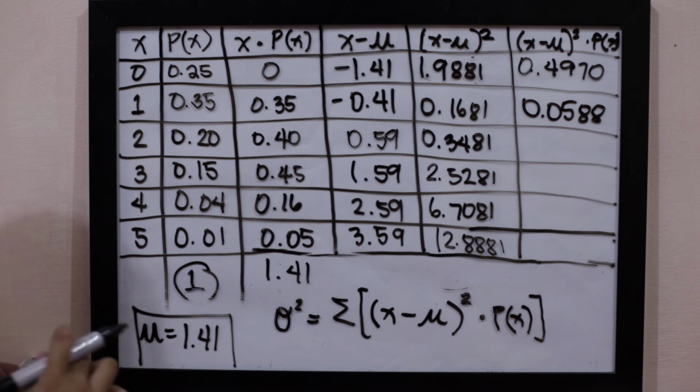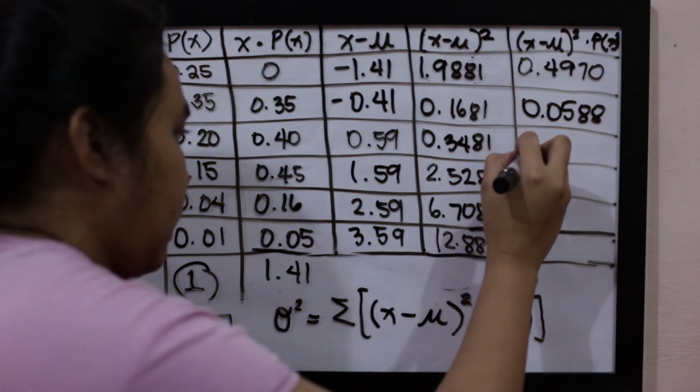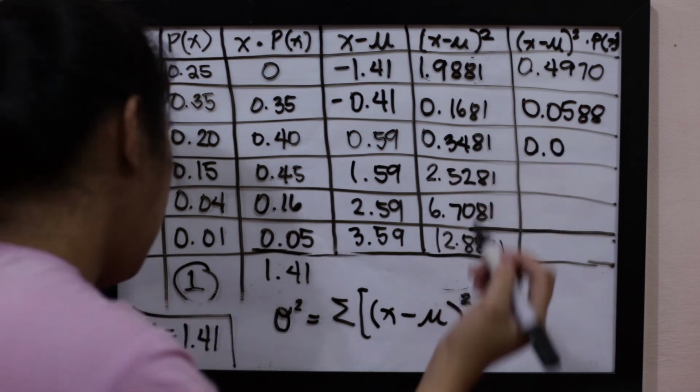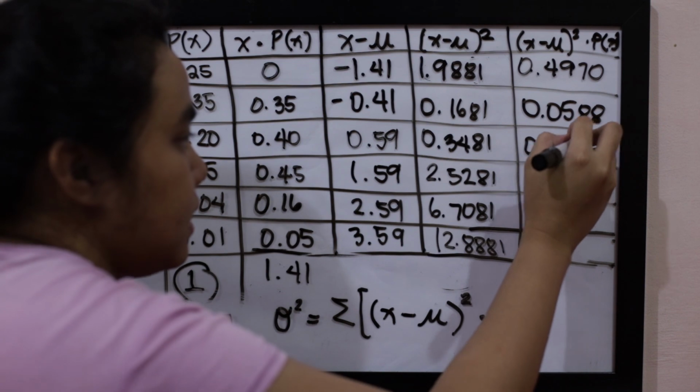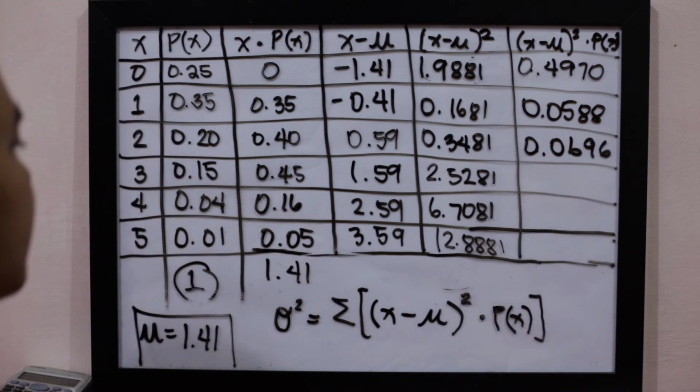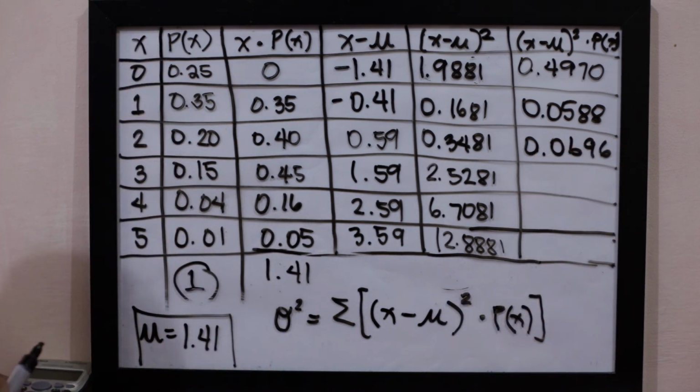The answer is 0.0696. Next, 0.15 multiplied by 2.5281.